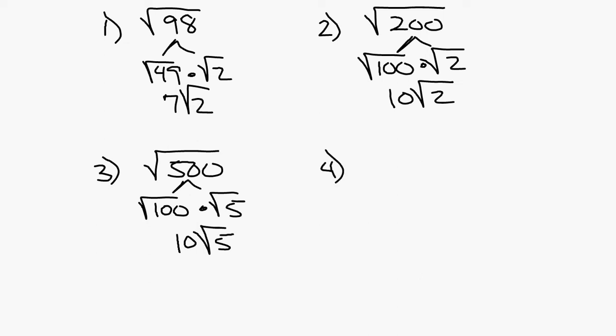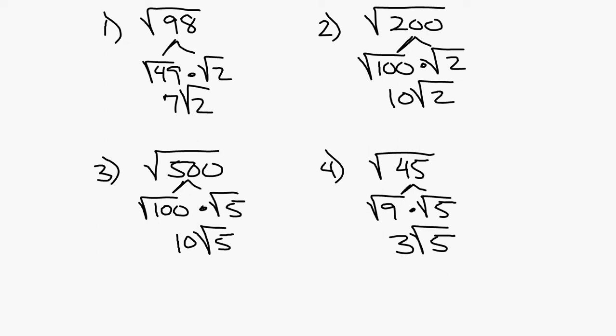Number 4 is the square root of 45. The square root of 45 factors to the square root of 9 times the square root of 5, which is 3 radical 5. Number 5, square root of 192.